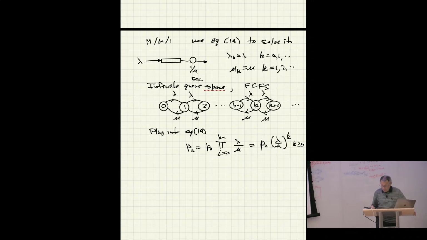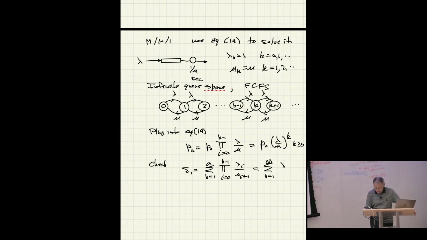Now, let's check equilibrium, see if this is going to give us an equilibrium solution. Let's check S1. S1 is the summation, k equals 1 to infinity, of the product i equals 0 to k minus 1 of lambda_i over mu_(i+1). That's the condition. And what's that equal to? That's a summation on k from 1 to infinity of just (lambda over mu) to the k.